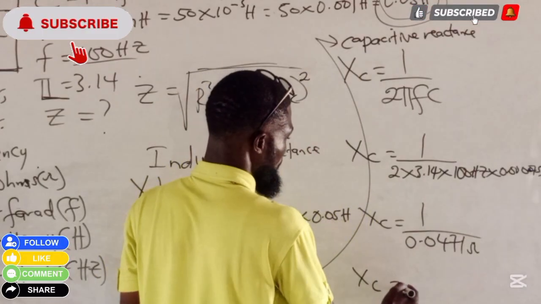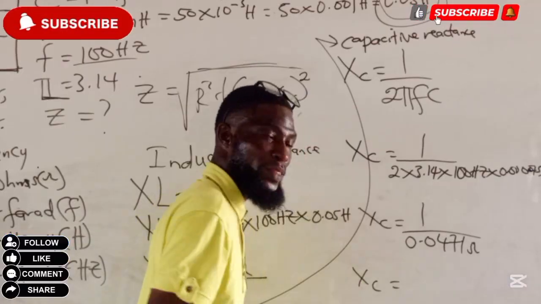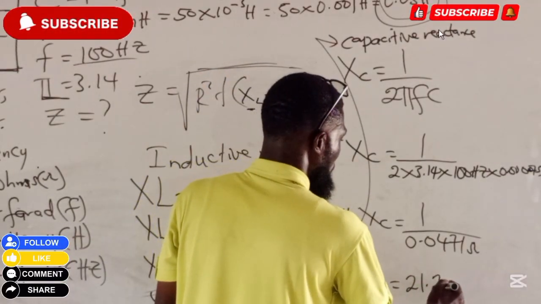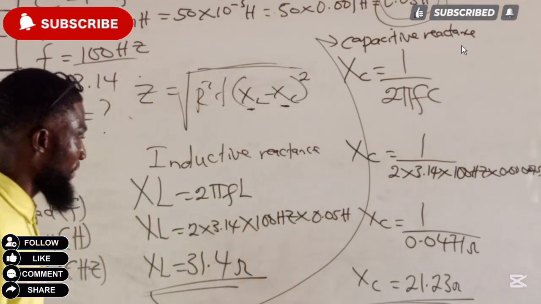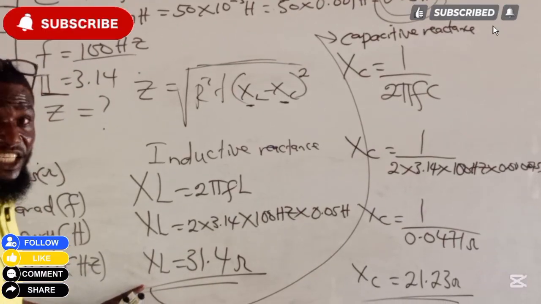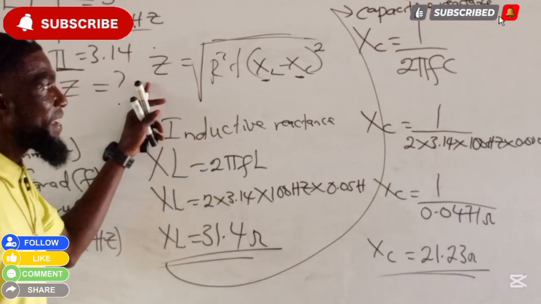So therefore, XC will be equal to, when we divide 1 by 0.0471, 21.23 ohms. So we have the capacitive reactance, and we also have the inductive reactance. So we combine both of them in order to find our impedance.